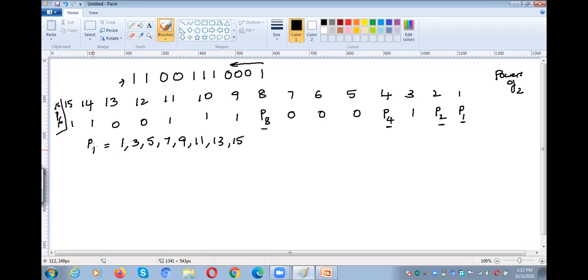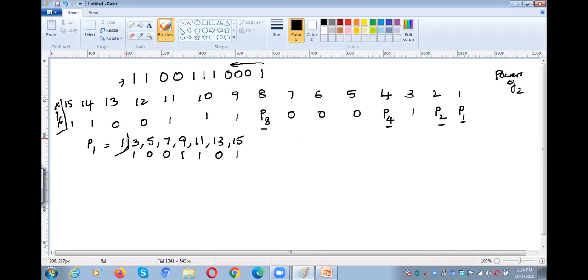So you are calculating for P1, right? For that purpose, you need to discard position 1, and from these particular positions you note down the values. What is the value of 3? At 3 we have 1, at 5 0, 7th position is 0, 9th position 1, 11th position 1, 13 0, and then 15 1. Check once again: 3 1, 5 0, 7 0, 9 1, 11 1, 13 0, 15 1.